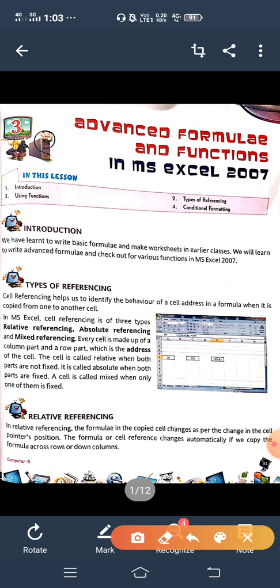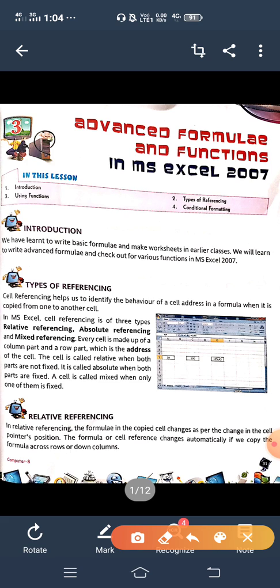Okay, the formula will get changed. In relative referencing, the formula in the copied cell changes as per the change in the cell pointer position. The formula or cell reference changes automatically if we copy the formula across rows or down columns. This is the definition of relative referencing.